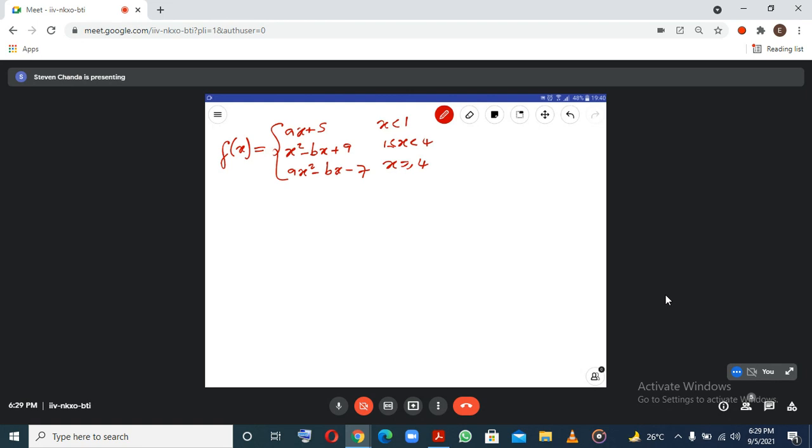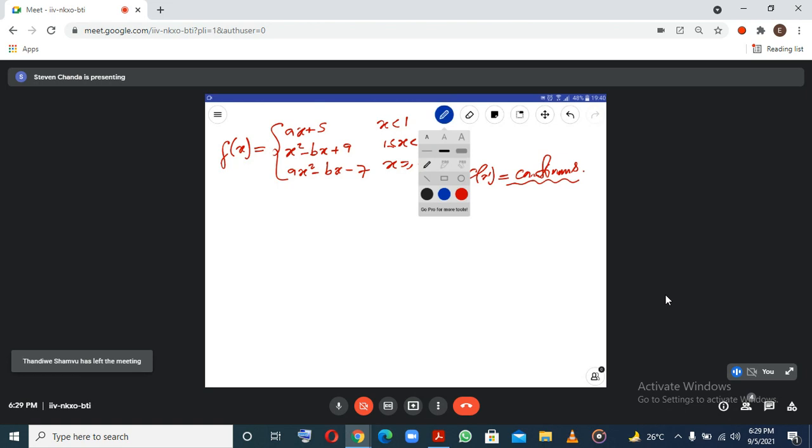Okay, so they've told you that this function is continuous. So if this function is continuous, then you know that there are no breaks in this particular function. The potential points for discontinuity are between one and this one, and the 4 and the 4.